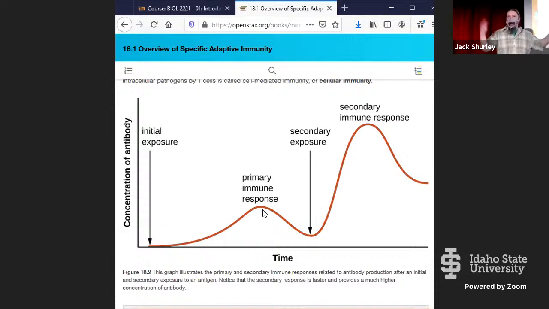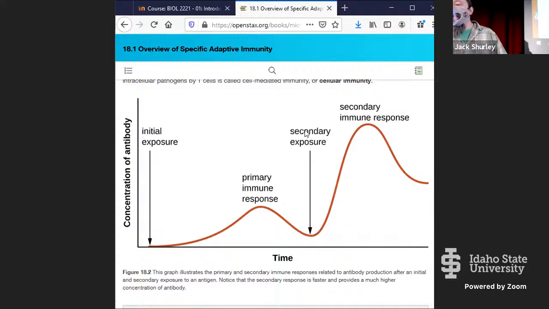But this averages the two together and puts it in one figure. You see an initial response, the primary response, with the production of those immunoglobulins. It takes typically a couple of weeks before you start seeing this primary response. It starts to decline shortly thereafter.